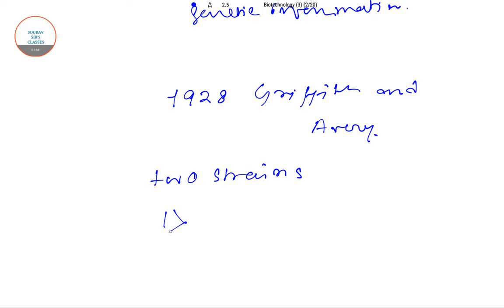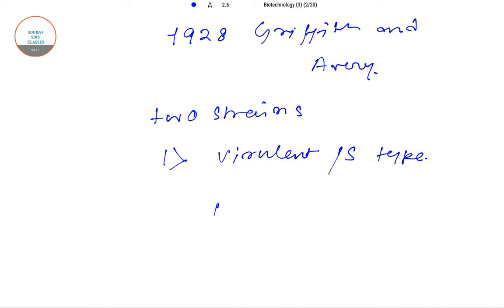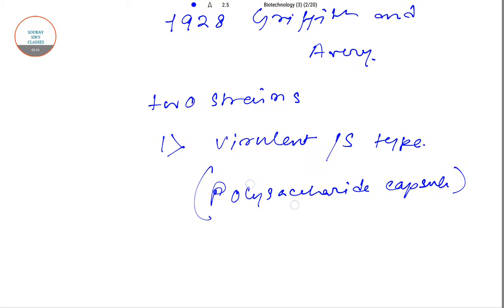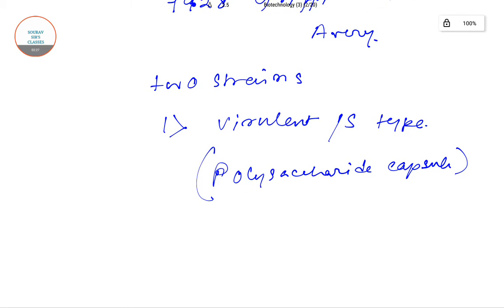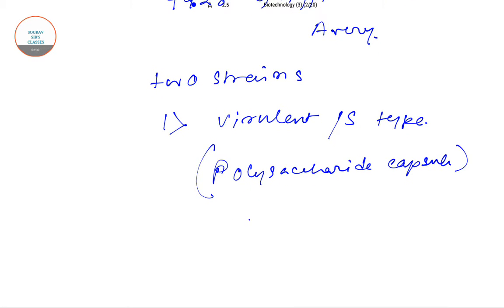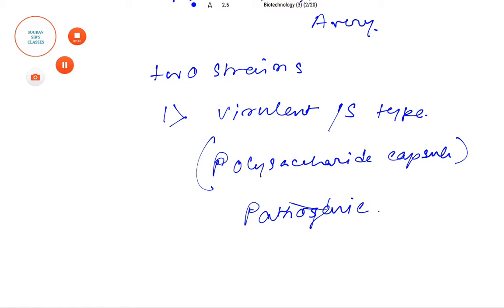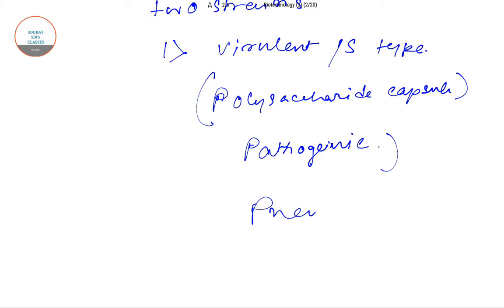The first one is the virulent or the smooth type, that is the S type, which is protected by a polysaccharide capsule, and causes pneumonia, and thus it is pathogenic.